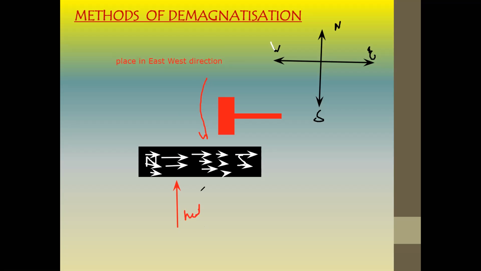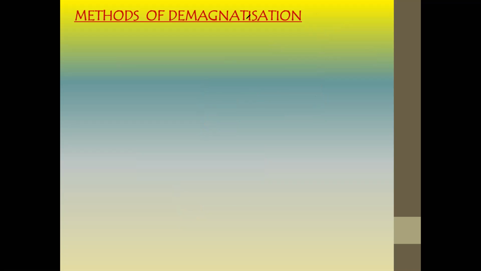If I supply heat energy, heat will cause the atoms to vibrate. As the atoms vibrate, the arrangement of the atoms will be disturbed and the material will be demagnetized. So either you can hammer it, or heat it to demagnetize, or there's also another way to demagnetize, which is by passing AC.